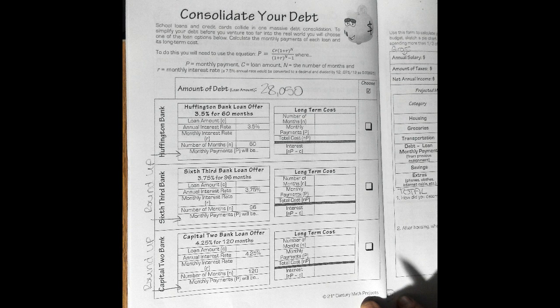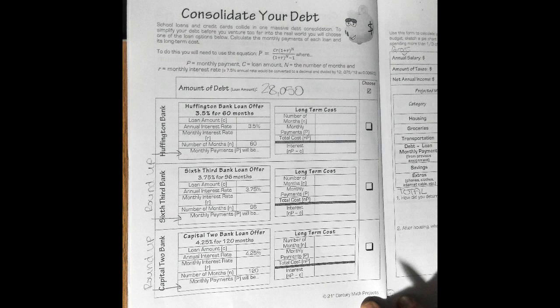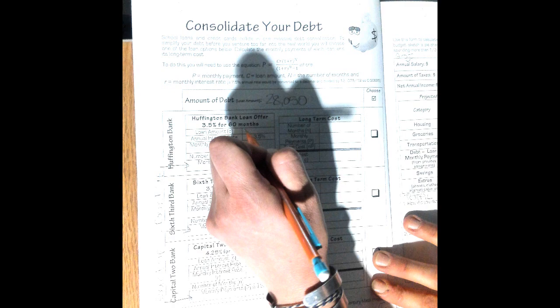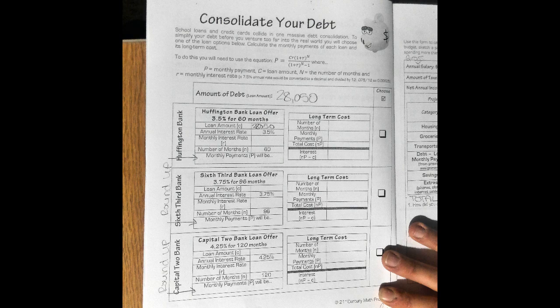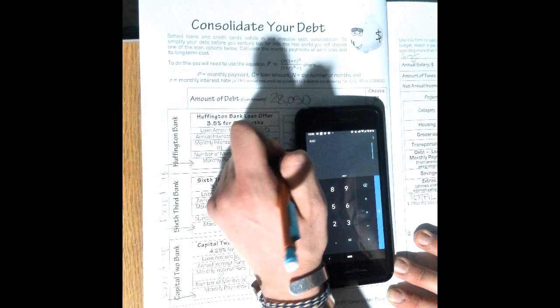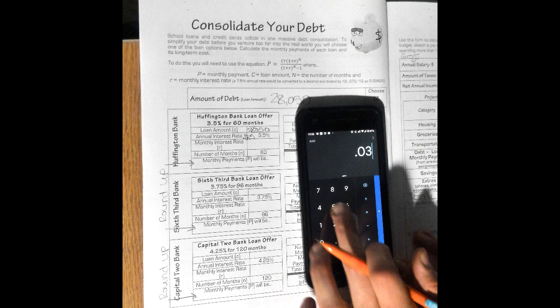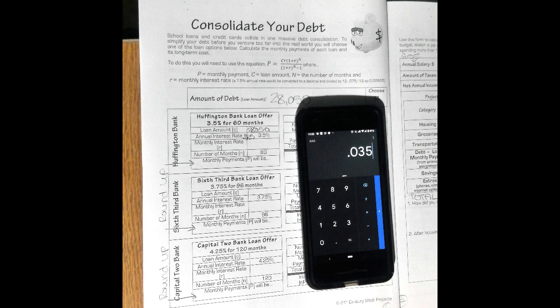So I'm going to clear off my calculator so it's exactly the same steps. My loan amount is going to be $28,050 because that's my debt. My annual interest rate is 3.5%. The decimal equivalent of that is 0.035. To get the decimal equivalent of a percent, you can divide it by 100, or you can move the decimal 2 places to the left.